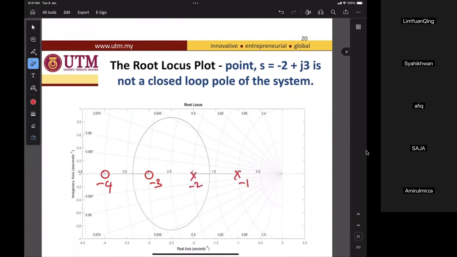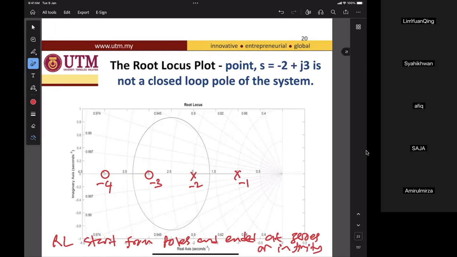As I told you before, a root locus starts from poles and ends at zeros or infinity.